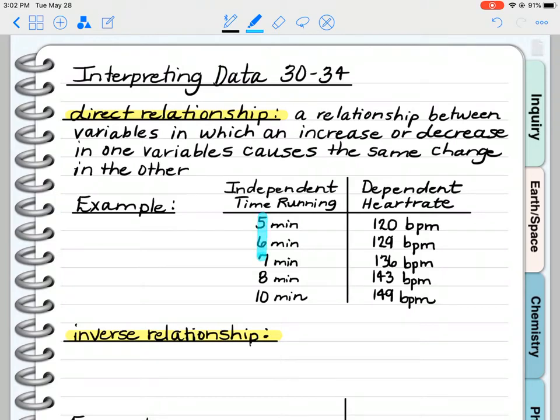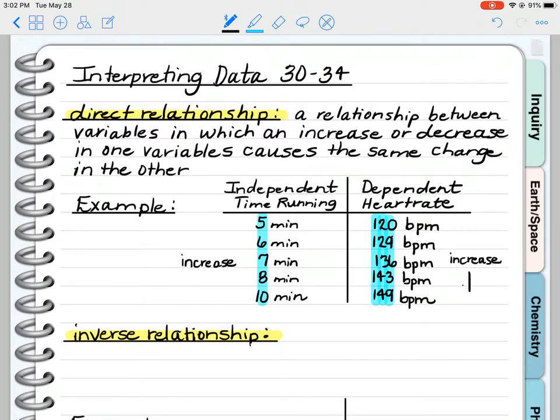That the relationship here and here is direct. And you say, well, how do you know that? How can you tell that it's direct? And this is how. My running time, 5, 6, 7, 8, 10, is increasing. It's going up. It's getting bigger. 120, 129, 136, 143, 149, those are also increasing.